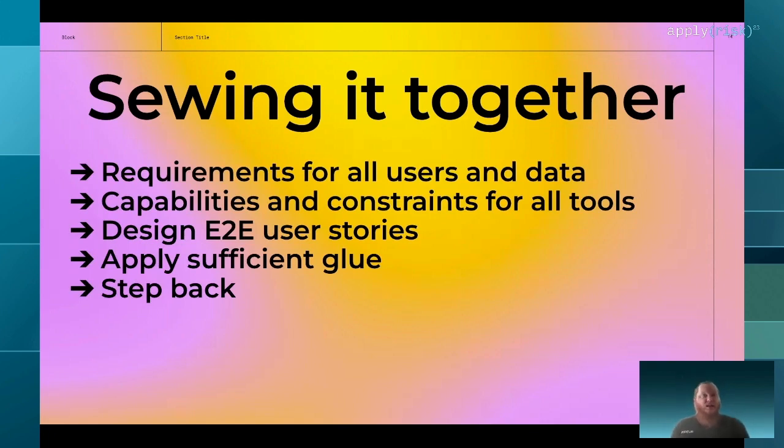The second is to gather the capabilities and constraints for each tool. And given those two sets of information, design end-to-end user stories to understand how users will actually be using your platform. And given that, and given the constraints of your tools, you'll quickly identify gaps.